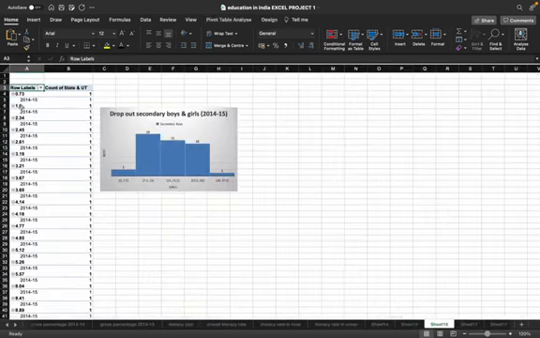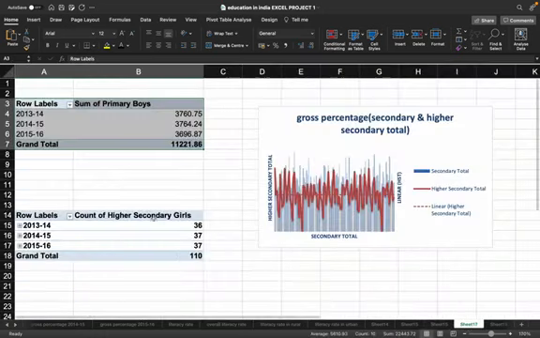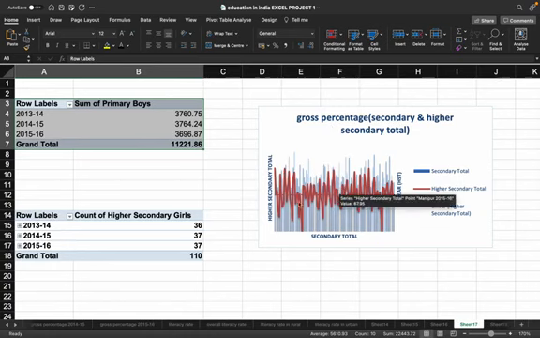Next, the pivot table and chart for dropout primary boys and girls between 2014 and 15. Next, the pivot table and chart for gross percentage for secondary and higher secondary total.